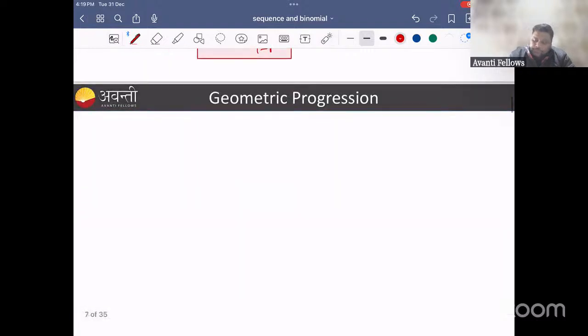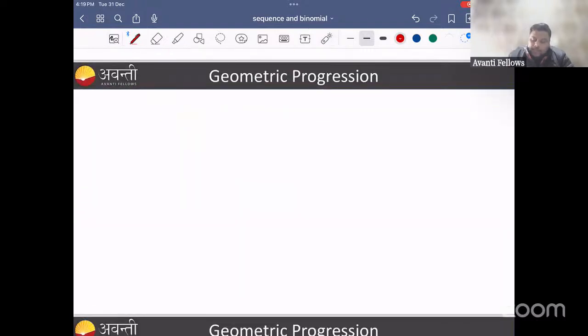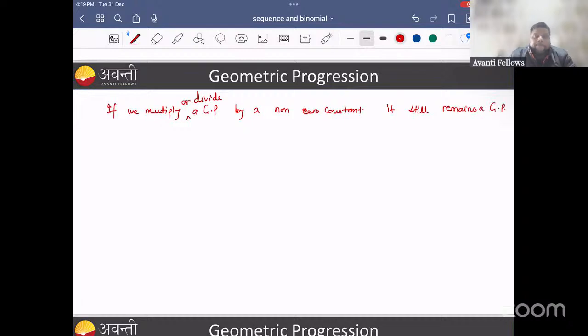Now, if we multiply or divide a GP by a non-zero constant, it still remains a GP.